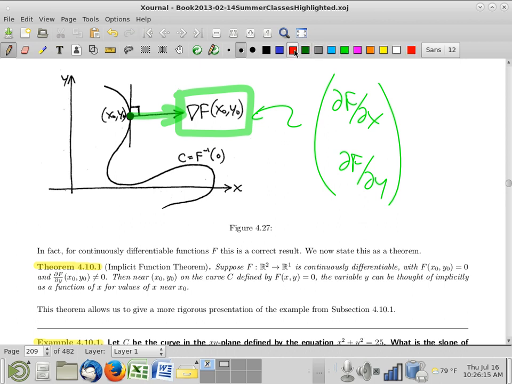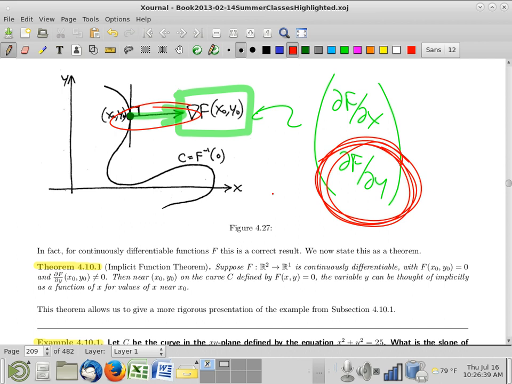Horizontal would mean that its second component is 0. So that partial derivative, the partial of capital F, the function whose level set you're looking at, that partial with respect to y tells the story. If that's 0, you might have a problem.